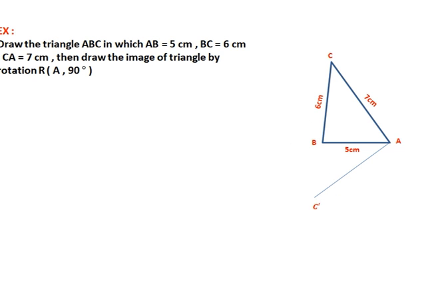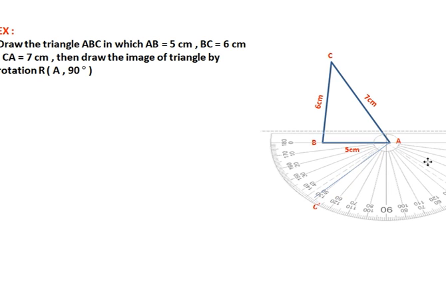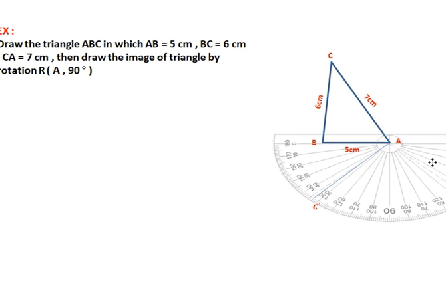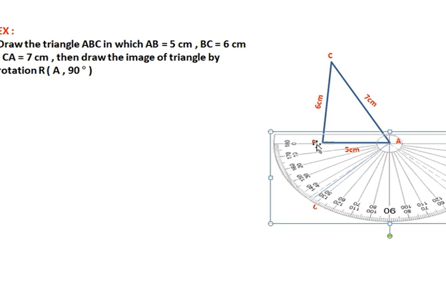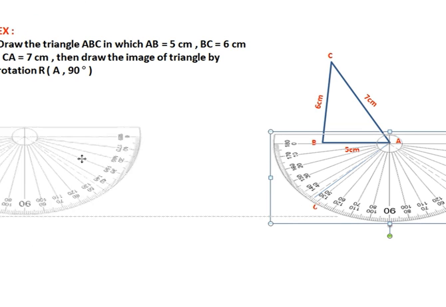Then we find the image of B by angle 90. Put the protractor at the center A and move from B 90 degrees. Then determine the angle to be 90 degrees. Then remove the protractor and get the ruler.